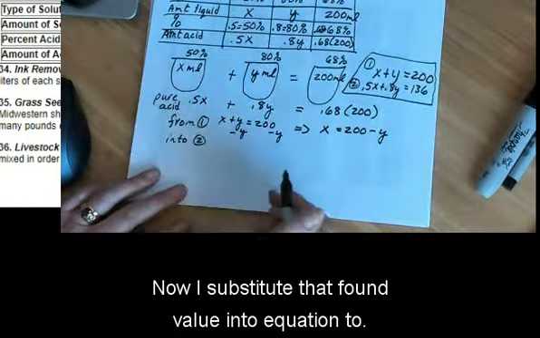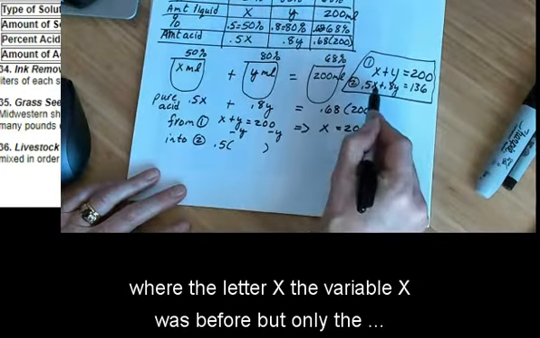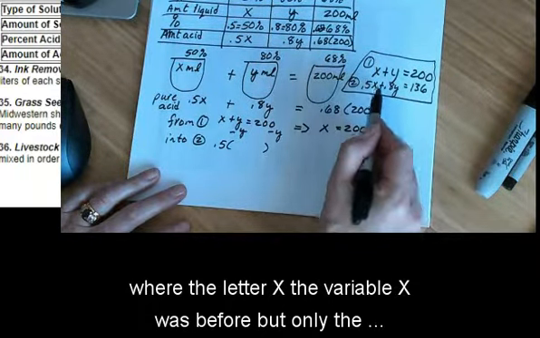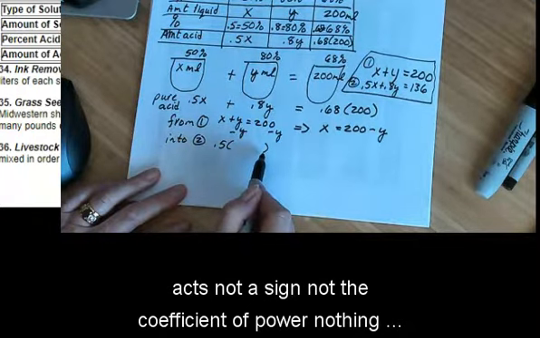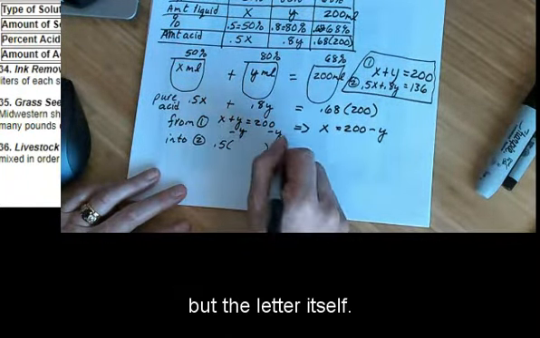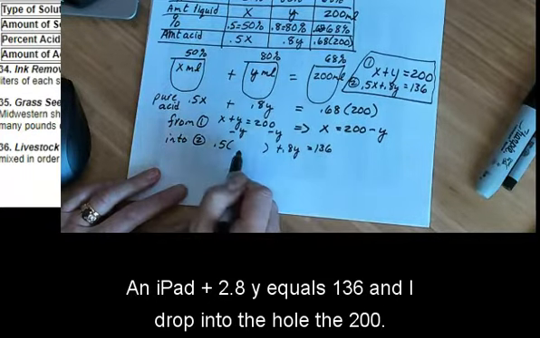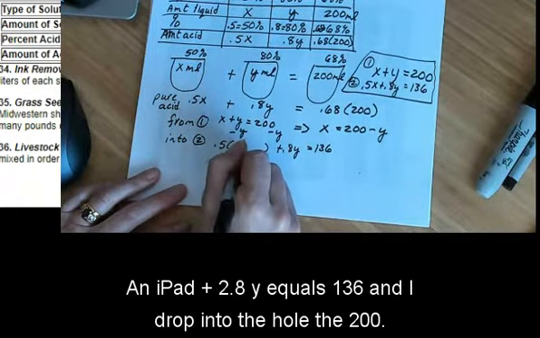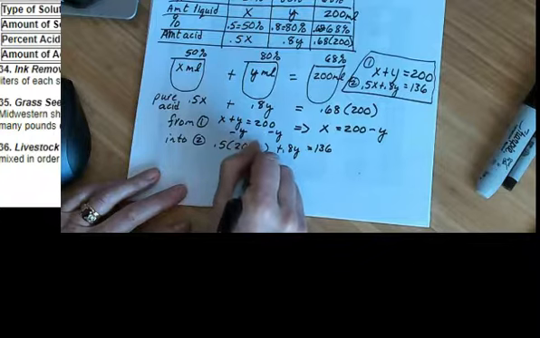When I substitute it into equation 2, I need to open up a hole where the variable x was before, but only the x, not a sign, not the coefficient, not a power, nothing but the letter itself. Then I add plus 0.8y equals 136, and I drop into the hole the 200 minus y.